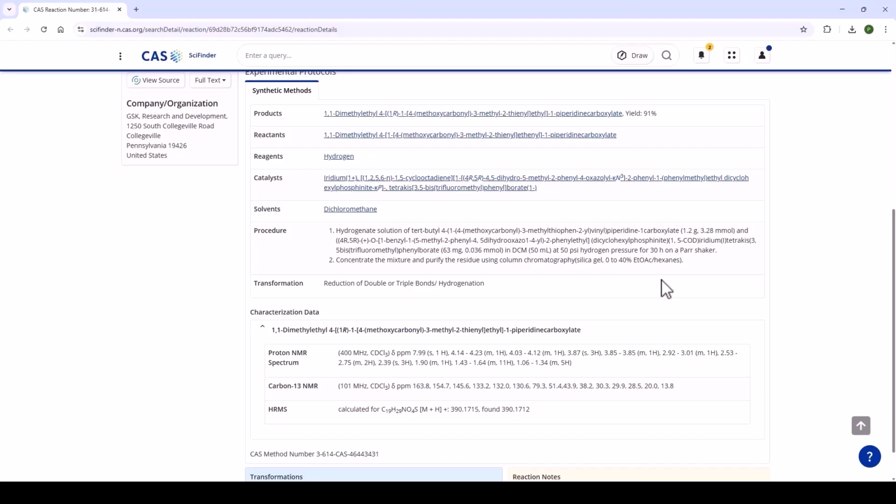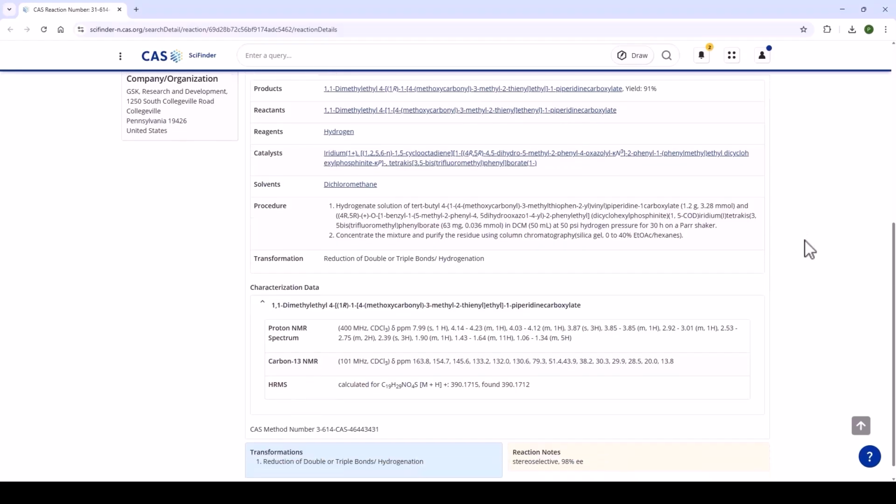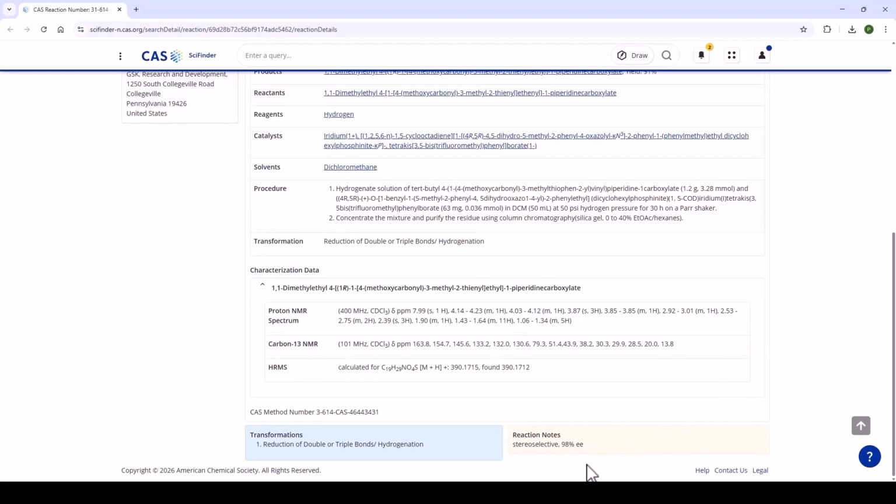And the other thing that I saw was that in the reaction notes in this yellow section below, there is a percent EE, enantiomeric excess, mentioned, which is also not easy to filter out when you have, let's say, a larger answer set. And the same may be true for the fact that there's a carbon-13 NMR measured for the product as the characterization data.